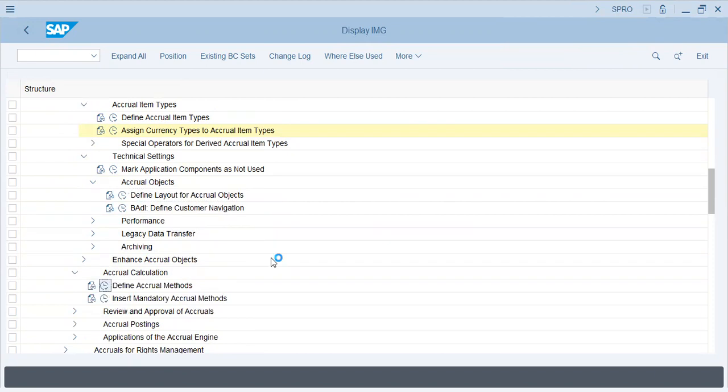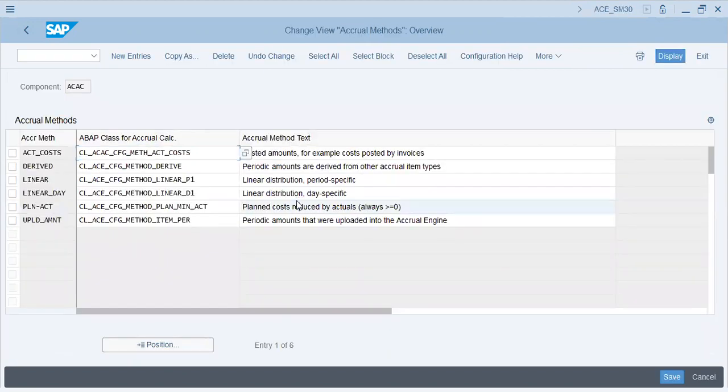Accrual methods. Actual cost post number, for example, costs posted by invoices. This will be the method in the component ACAC. Interview will always ask you about the component ACAC because there are two methods: purchase order accruals and cost or expense accruals. This is ACAC expense accruals, and you will be calculating on invoices.